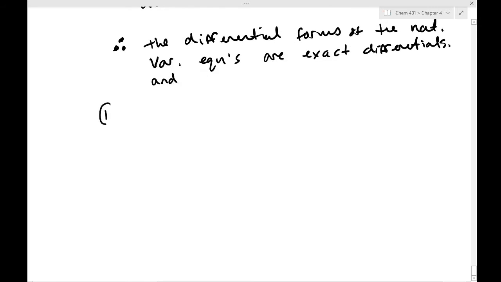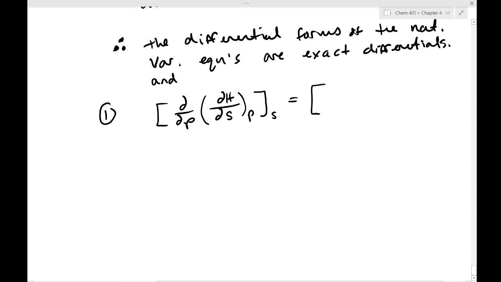Number one, the change with respect to P of the change in H with respect to S, at constant P and constant S, is equal to the flip. So this would be the change with respect to S of the change in H with respect to P at constant S at constant P. Okay, so we can say that that's true for enthalpy.